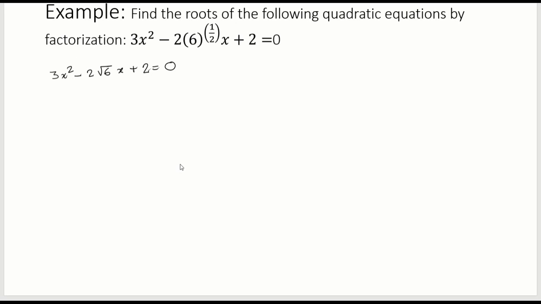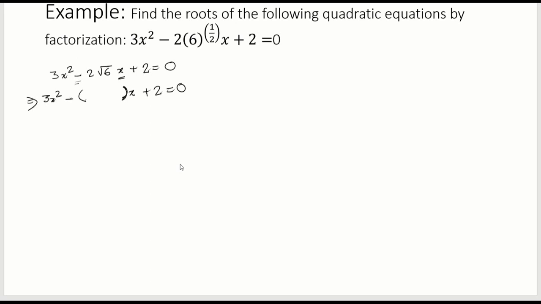So now let's see what we will do here. Similar to what we did in the previous problem, we again write 3x squared, minus, since here is a minus, bigger bracket, x, and plus 2, equals 0.